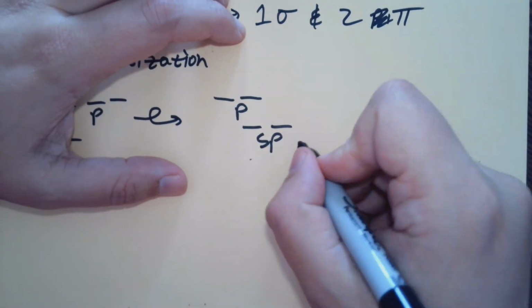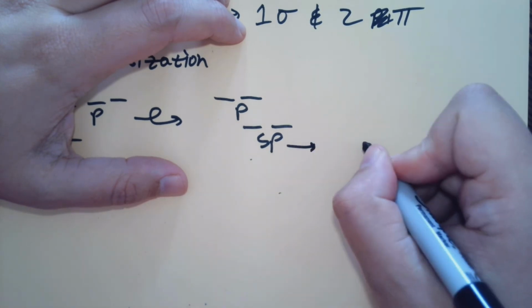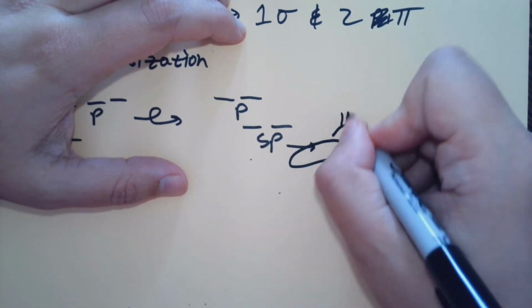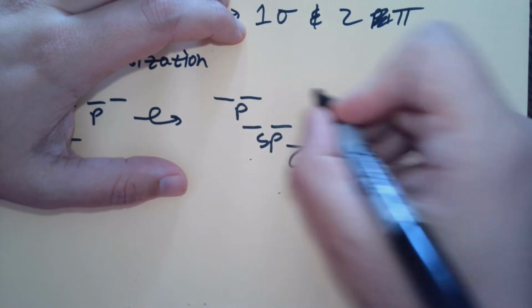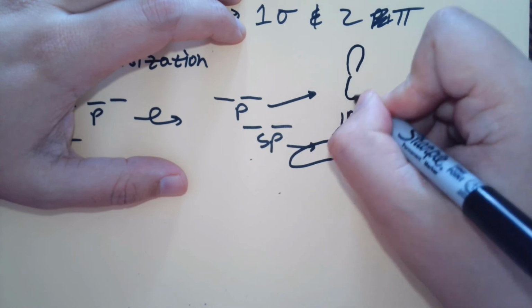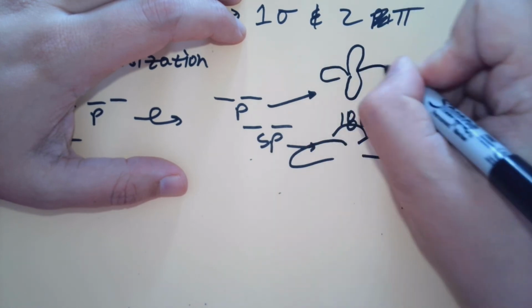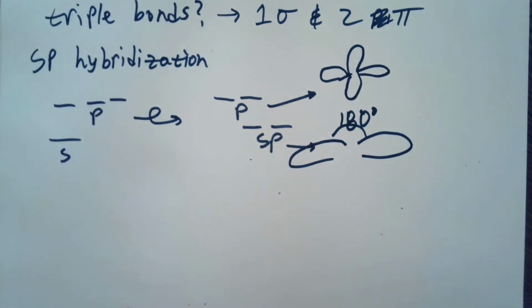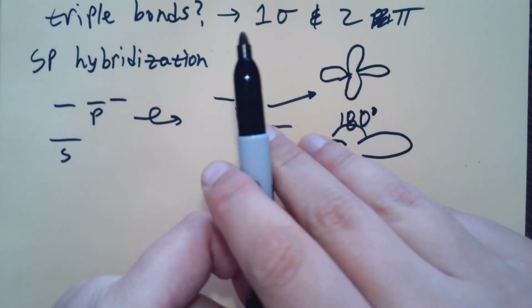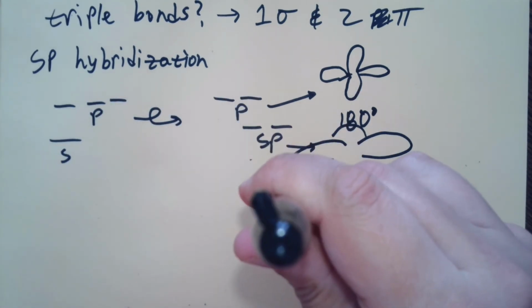And these are going to be 180 degrees from each other. And these are going to be 90 degrees. So I have p orbitals like this, and then I have the sp orbitals like this.